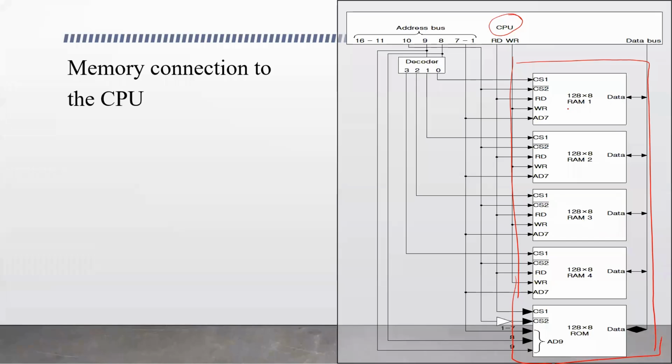Main memory consists of RAM 1, RAM 2, RAM 3, RAM 4, all 128 by 8, 128 words with 8 bits in each word, and 1 ROM chip, 128 by 8, meaning this ROM also can store 128 words of 8 bits each. This is the main memory that has these 4 RAM chips and 1 ROM chip.